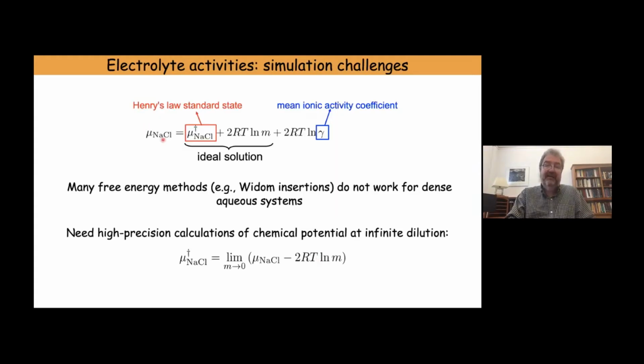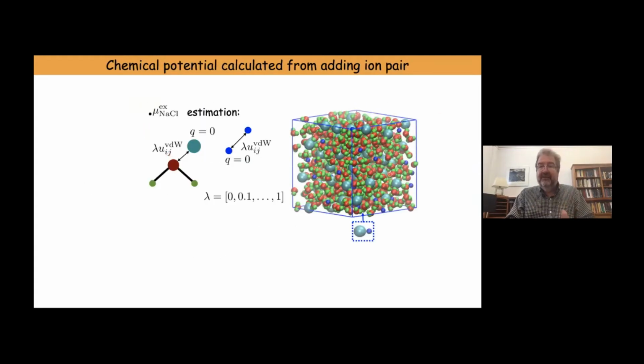at a finite concentration. So you have a solution which in simulations is in a small box, periodic boundary conditions, a few hundred or a few thousand water molecules. And in it, you have the salt, which is sodium and chloride, here schematically shown, already in solution. And then you're adding slowly an additional ion pair.